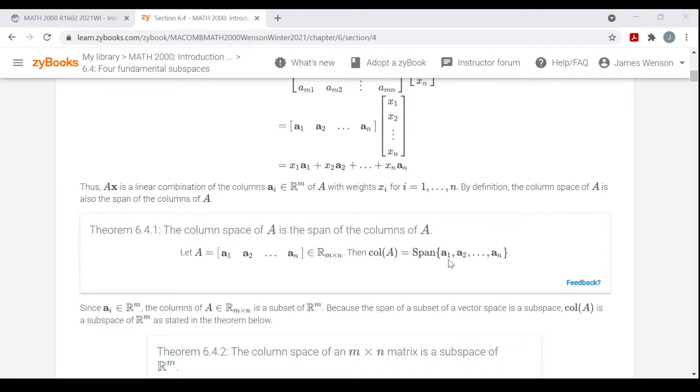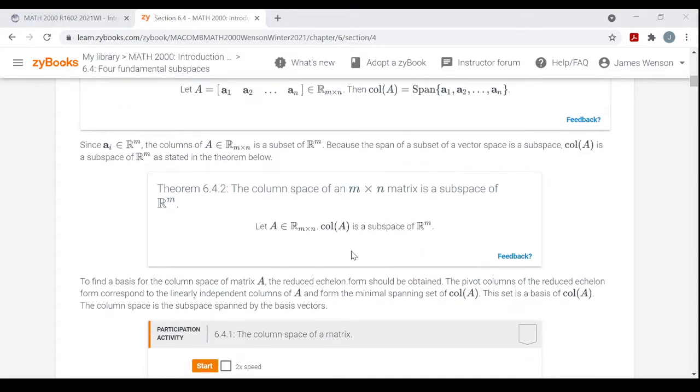Remember what the span of a set of vectors was, right? The span of a set of vectors was all linear combinations of those vectors. So the column space of a matrix is just the set of all linear combinations of the columns of that matrix.